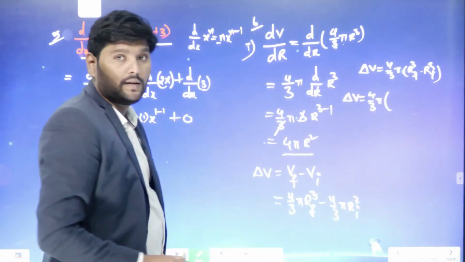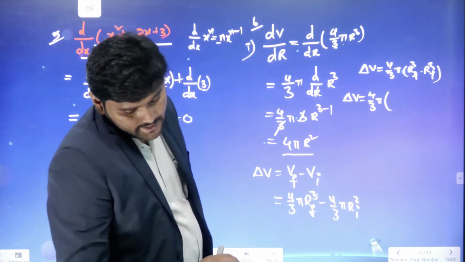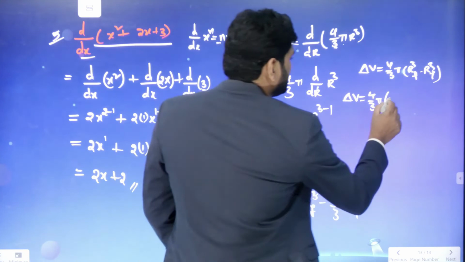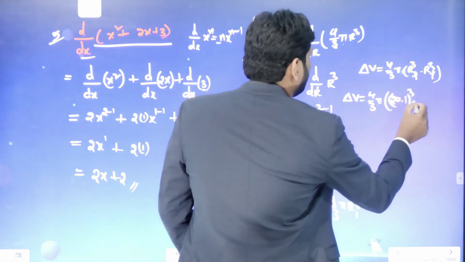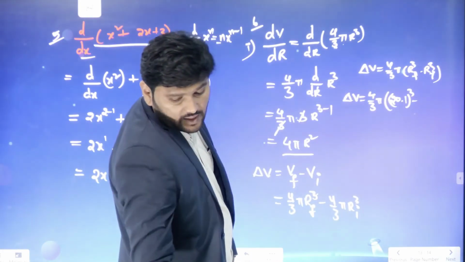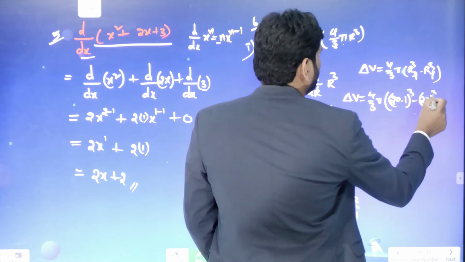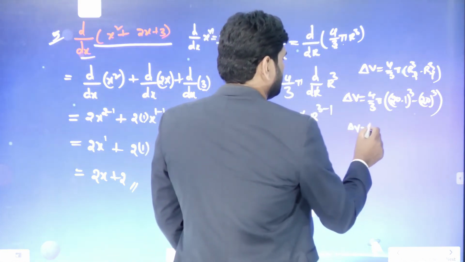What is the final radius? The final radius they mention as 20.1. So 20.1 whole cube minus the initial value 20 whole cube. Simplify it, you will have the answer.